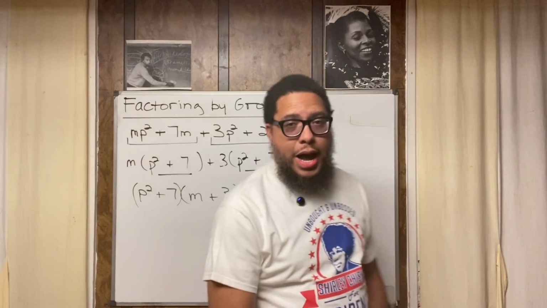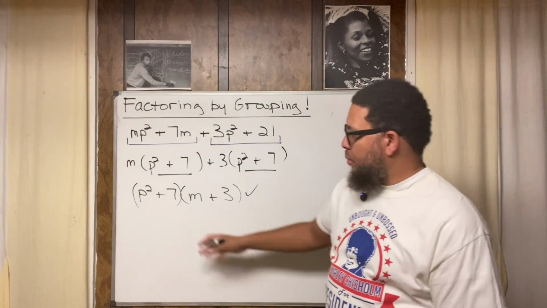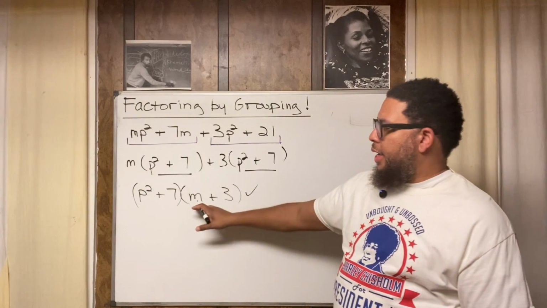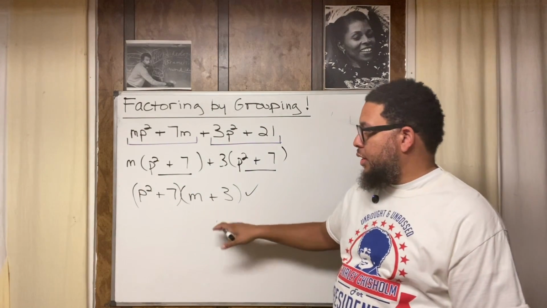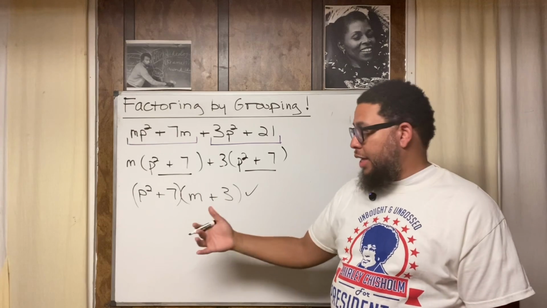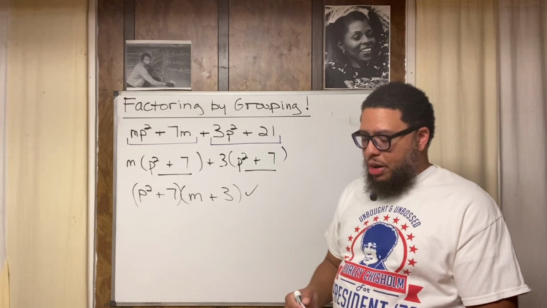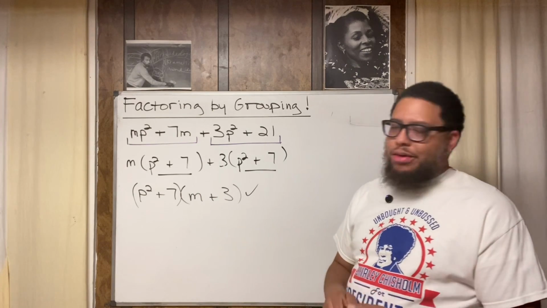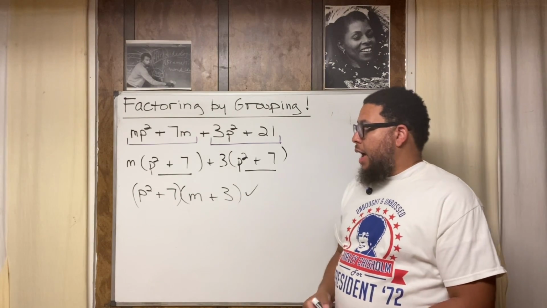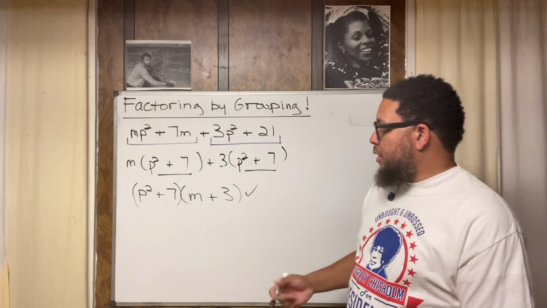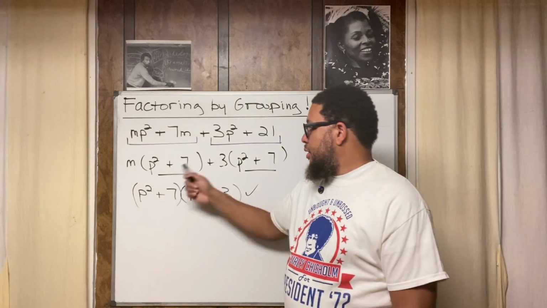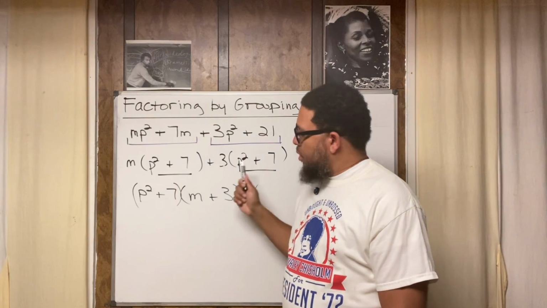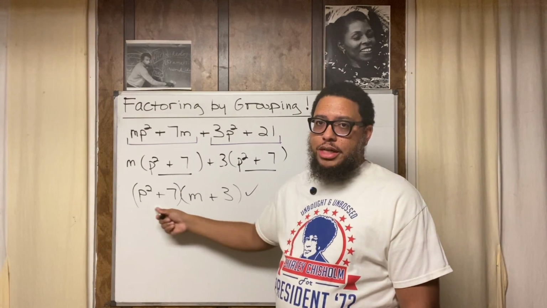All right. Now, I explained to you how we got the p squared plus 7 and how we got the m plus 3. We're really taking the GCF again. But back in the day when I was younger and I learned how to do this, I didn't really understand the concept behind it. I just picked up on the algorithm. Basically, what I say is, once the binomials match up, you write whatever it is down here.